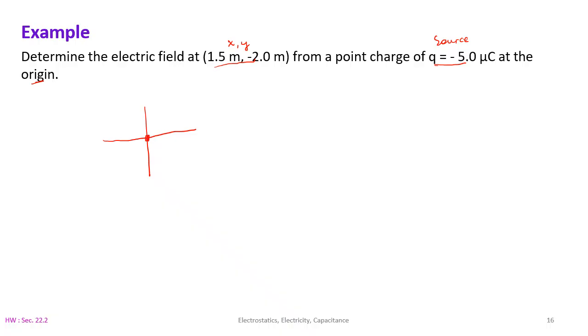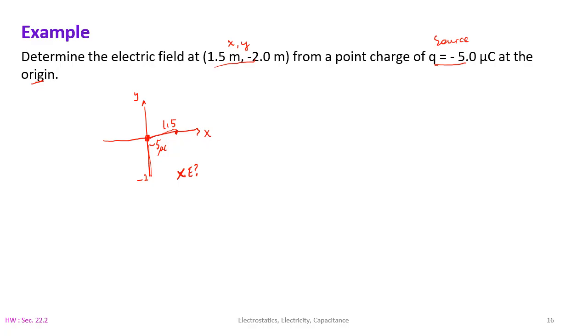So there's my -5 microcoulombs, X and Y. So I want to find the electric field at a position 1.5 to the right, -2 downwards. So that's my point of interest there. Find the electric field at that point.